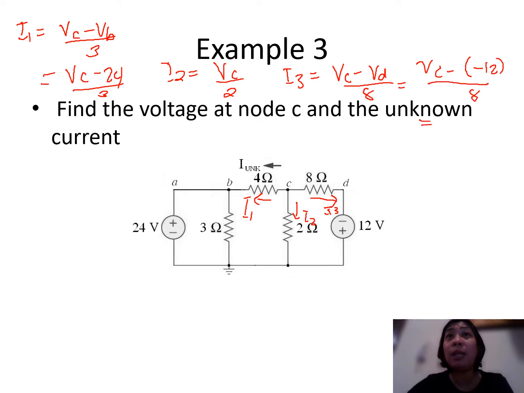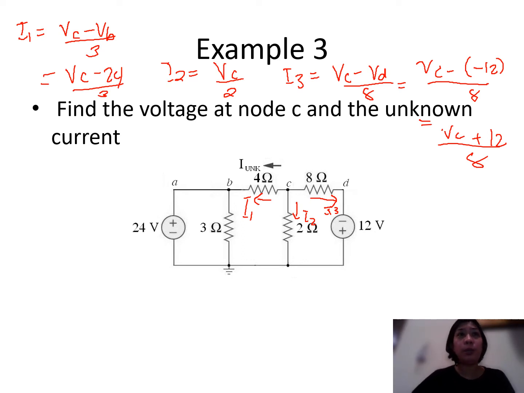So rewriting that, we have VC plus 12 divided by 8. Okay, so therefore these are now our equations.